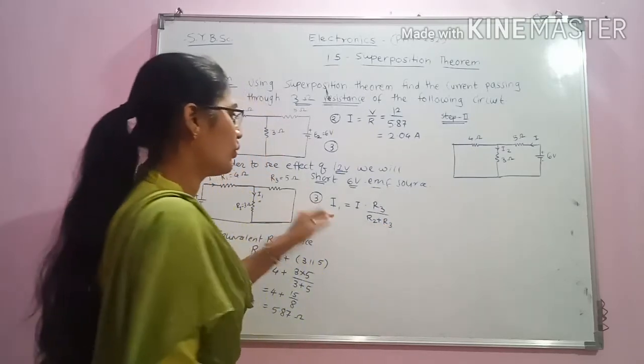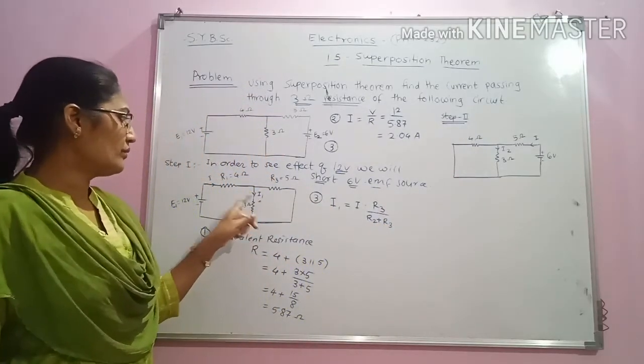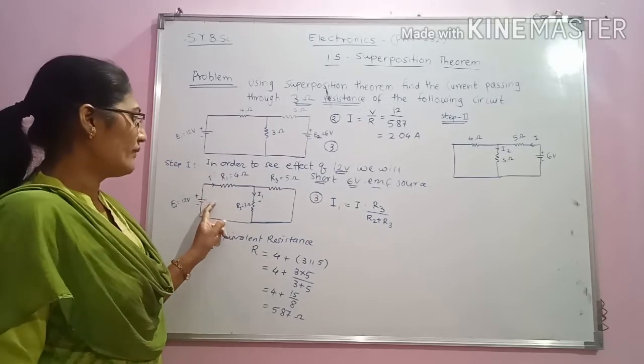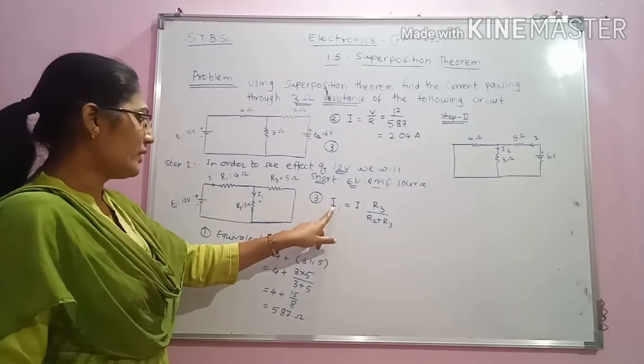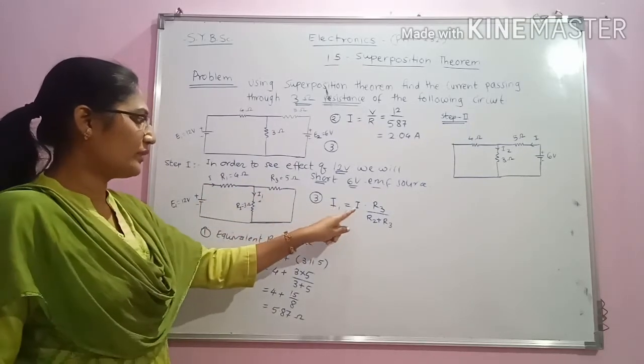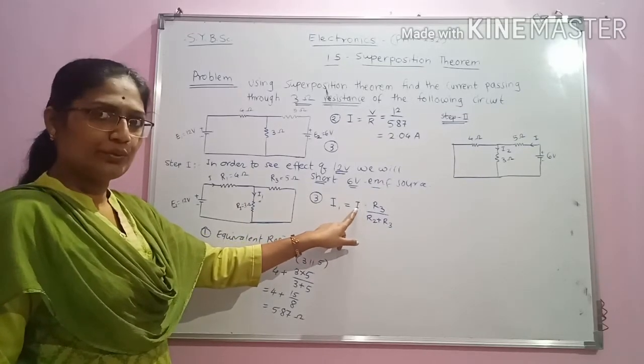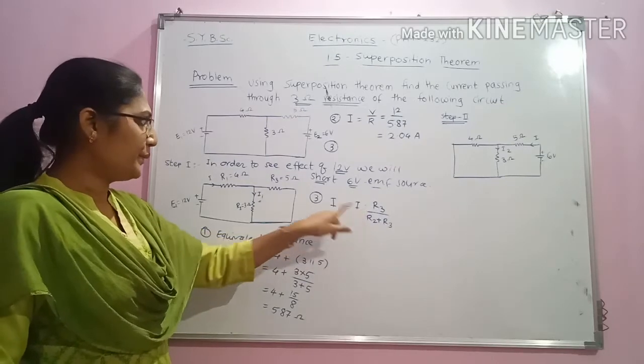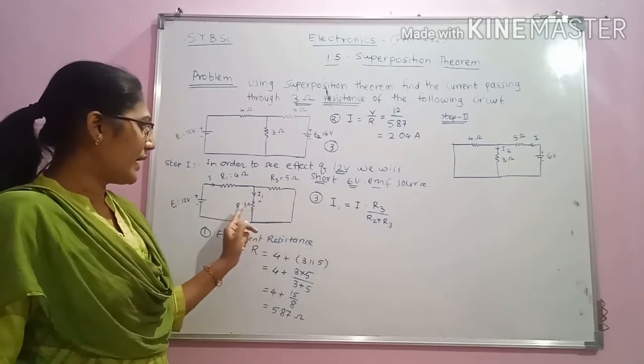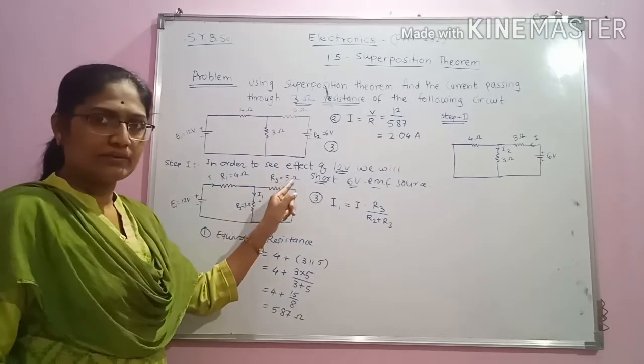This will be the value of I1 in case of this circuit. What will be the value of I1? I1 is given by the formula I into, that is the total current due to the 12 volt battery, into R3 divided by R2 plus R3.